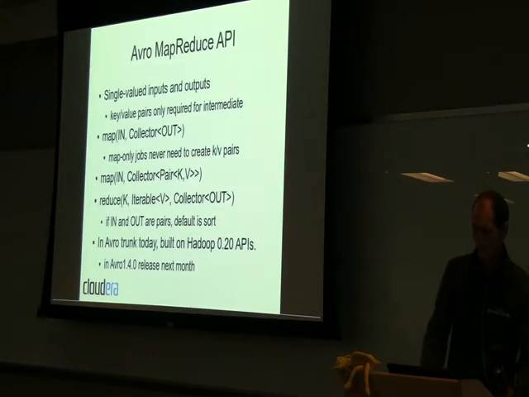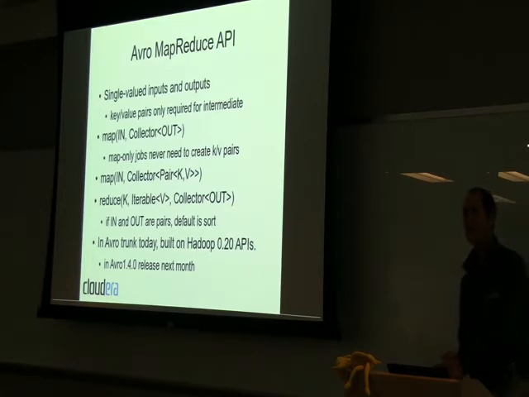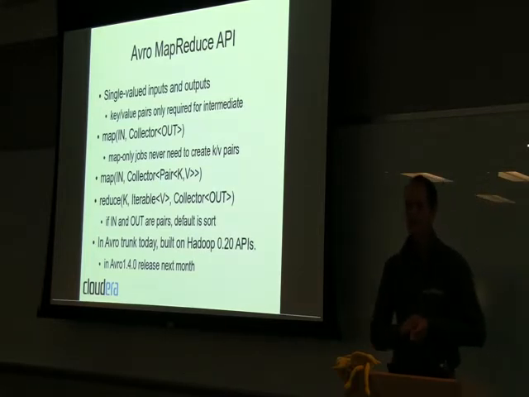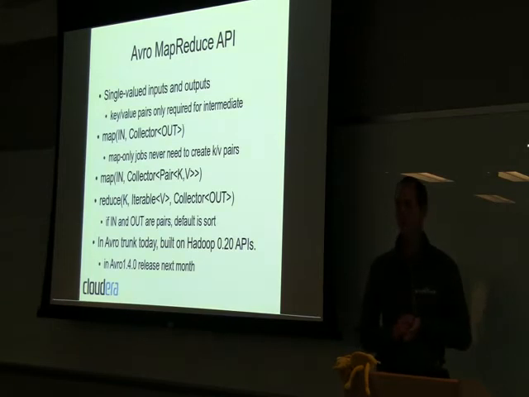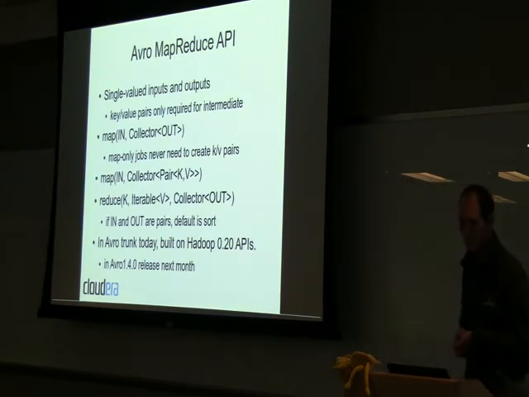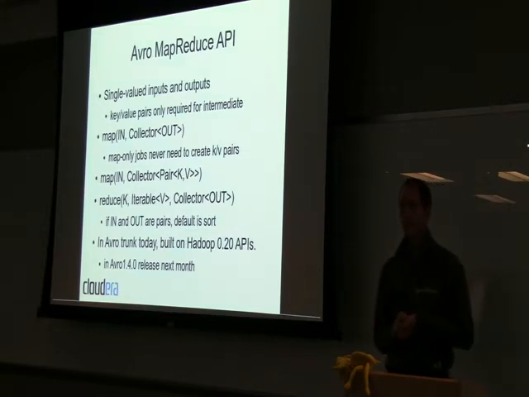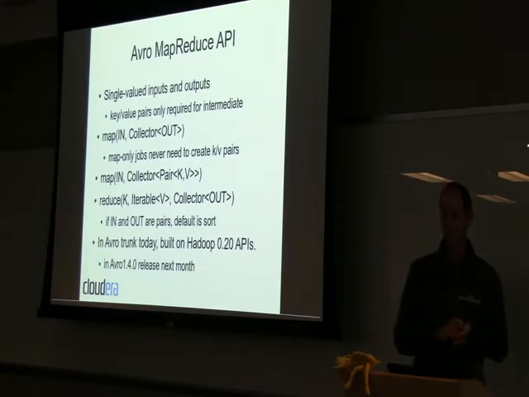So I'm going to now talk about the MapReduce API, which has recently been added to Avro. It's slightly different than the normal Hadoop MapReduce API. In particular, it has single-valued inputs and outputs instead of a key and a value separately coming out.